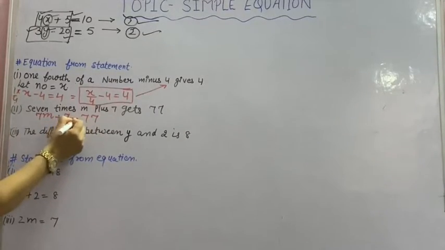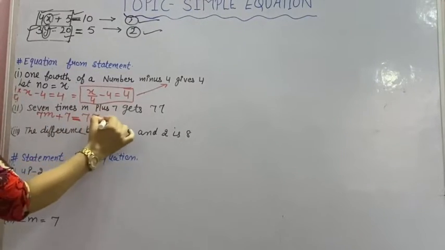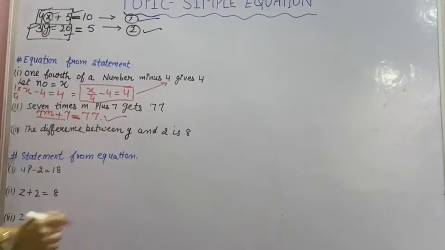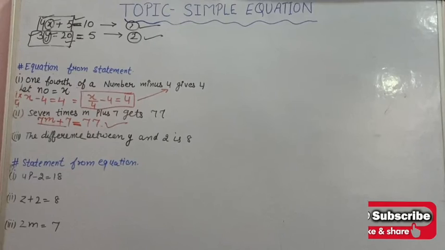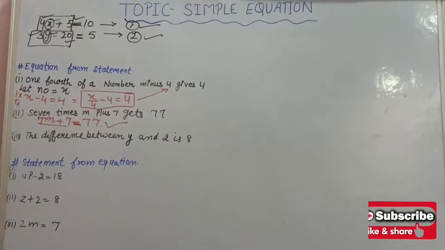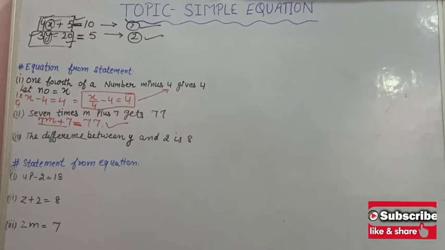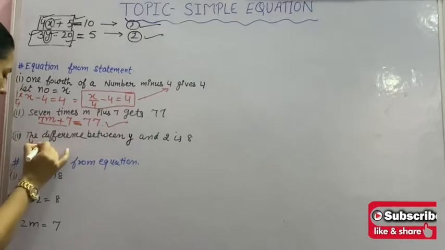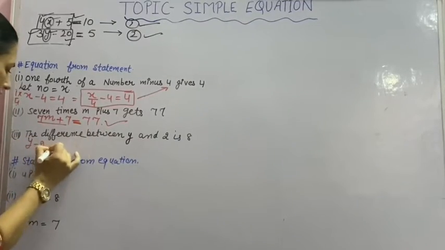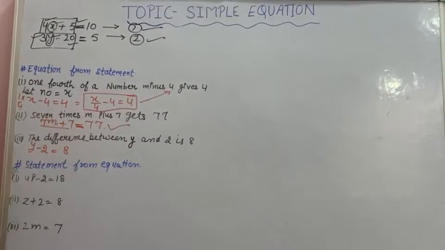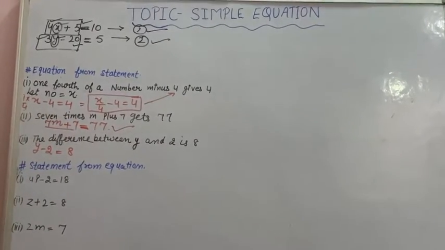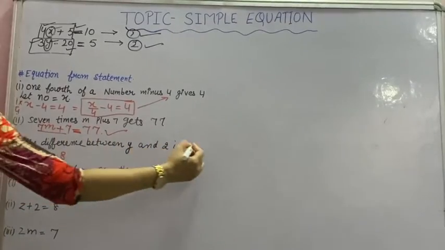Here we use the equality sign, that means this expression becomes an equation. Third one is the difference between y and 2 is 8. The difference between y and 2 means y minus 2, is 8. Is 8 means equal to 8. This is the equation from this statement.